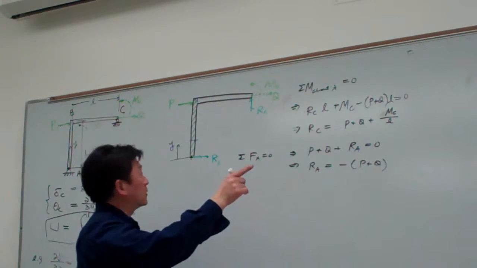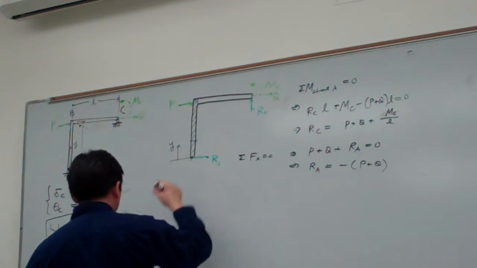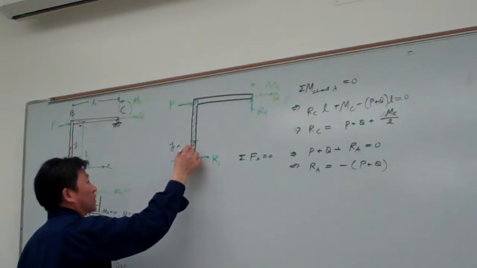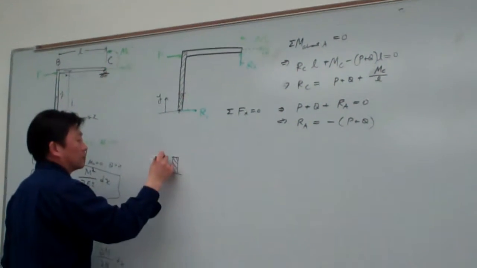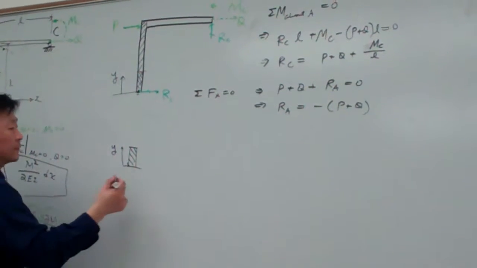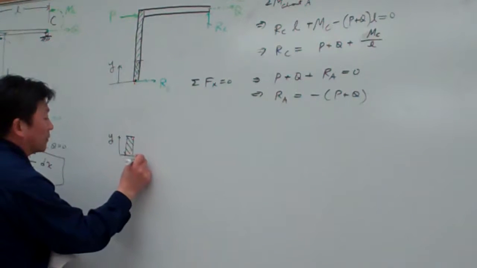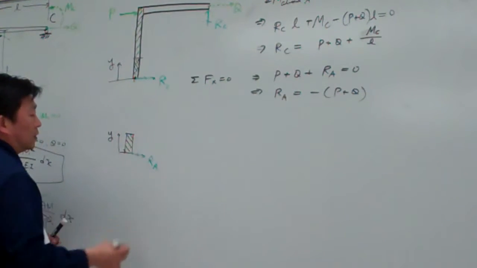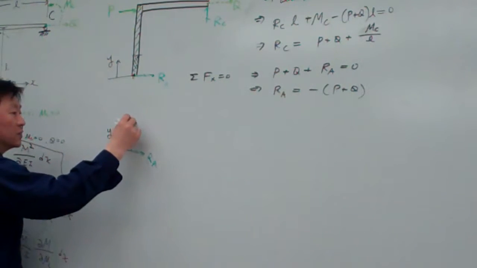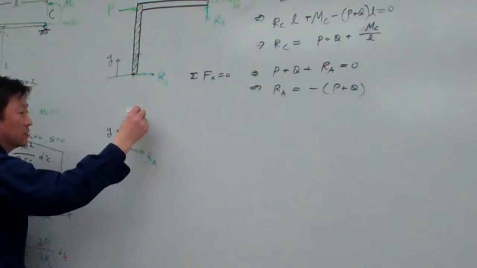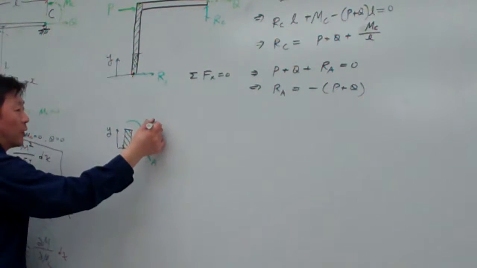So for the portion AB, can I draw this here? If I take this free body diagram, the distance is y, and now this is our RA here. So from here you can see the RA multiplied with y must be in balance with the bending moment at the position y.